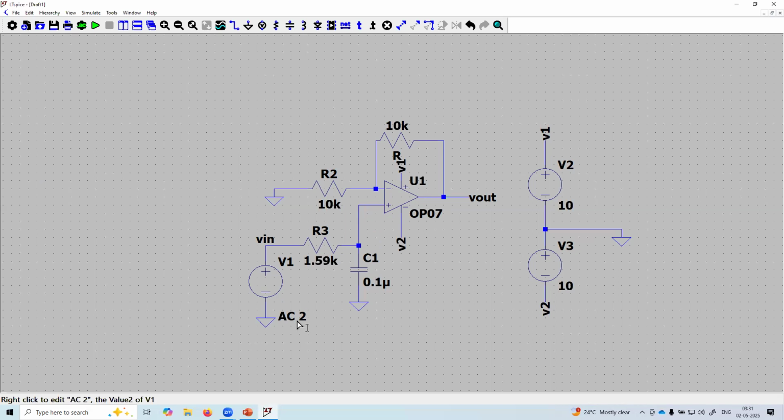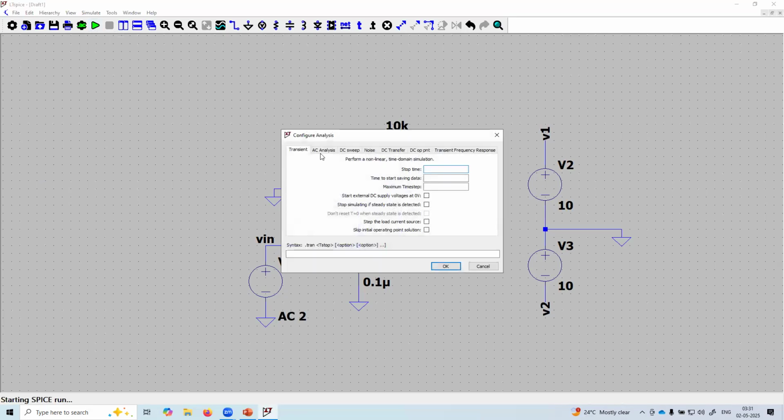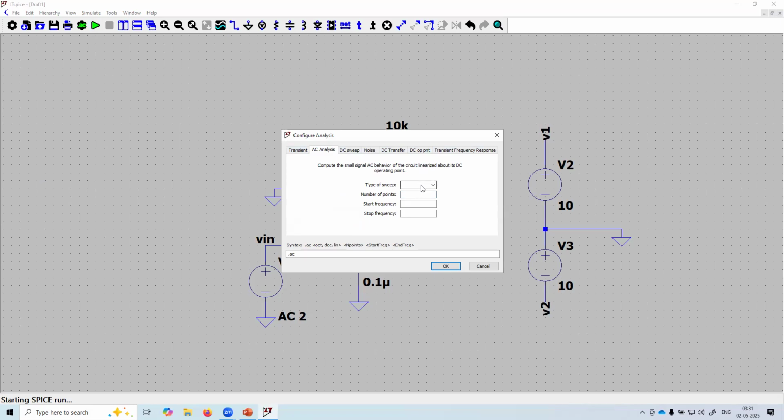Now my next task is only to simulate it or run the circuit. Whenever I run the circuit, there are lots of options here. So I have to choose AC analysis here. I'm taking decade, the points per decade, starting from 1 hertz to 100 kilohertz.